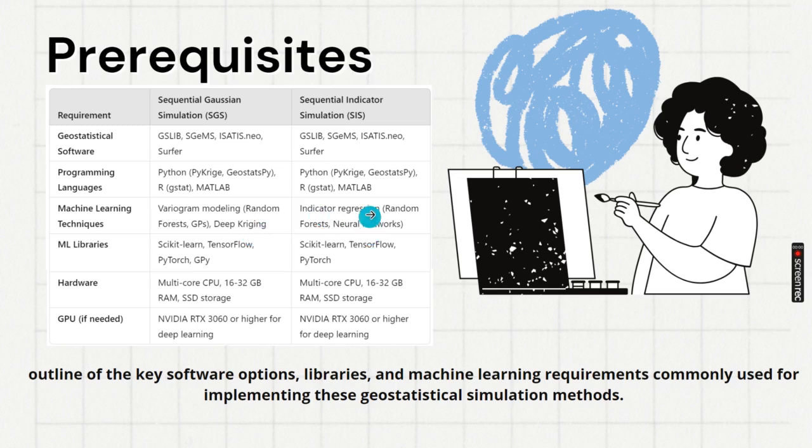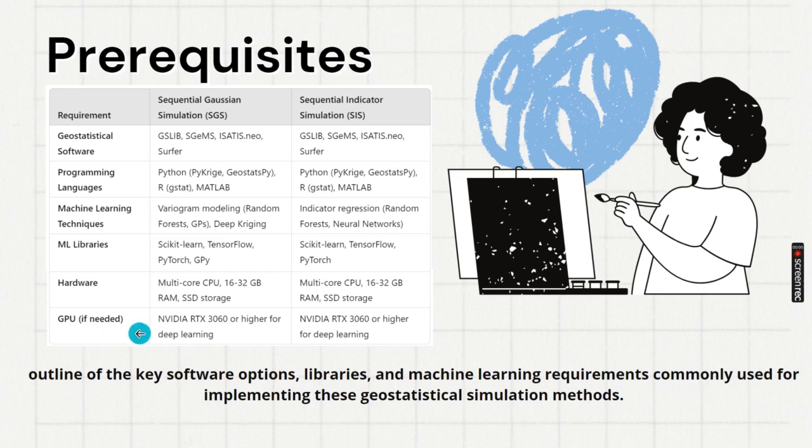But here, in case of SIS, indicator regression is essential. This is the difference. Main machine learning techniques must be understood here. Then ML libraries are almost the same. Hardware requirements are almost the same.